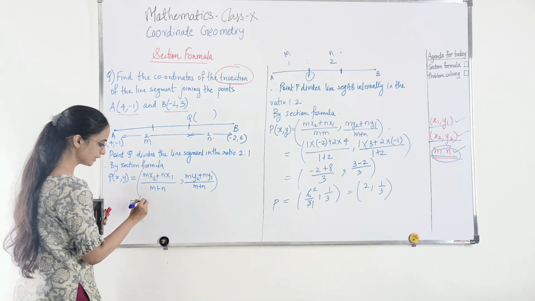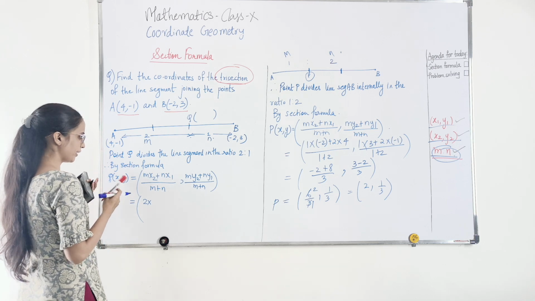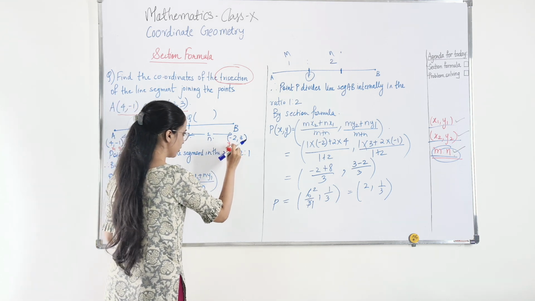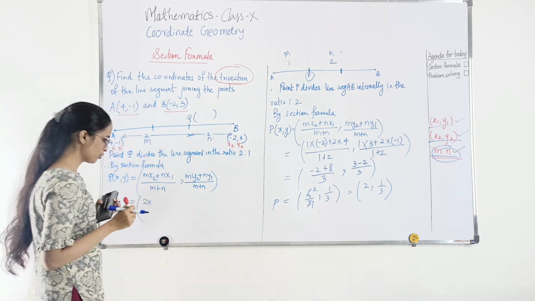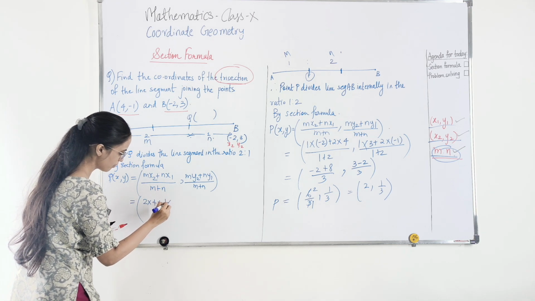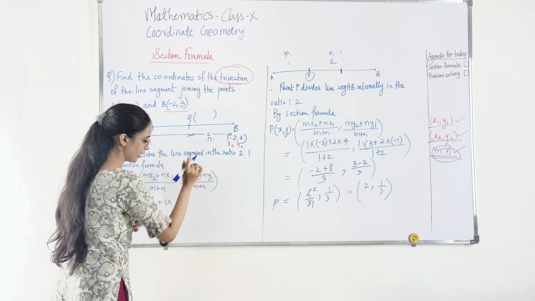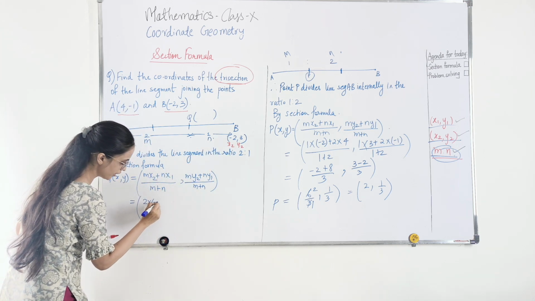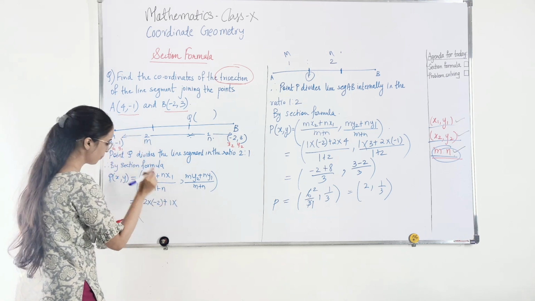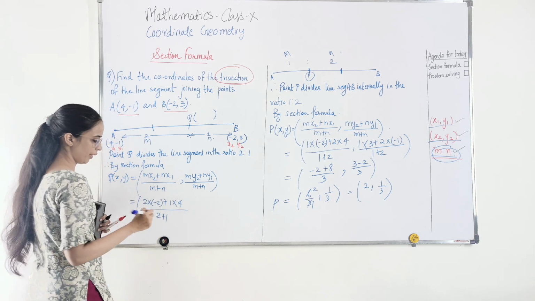So m in this case is 2, multiplied by your x2. So this is x1, y1, this is your x2 and y2. So your x2 over here is -2, plus, now your n over here is 1 multiplied by x1 which is 4, the whole upon 2 plus 1.